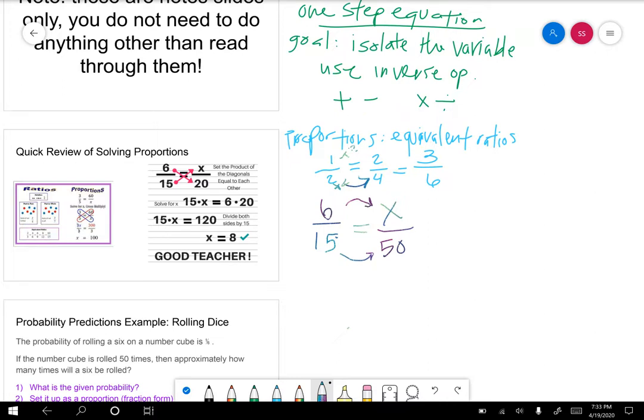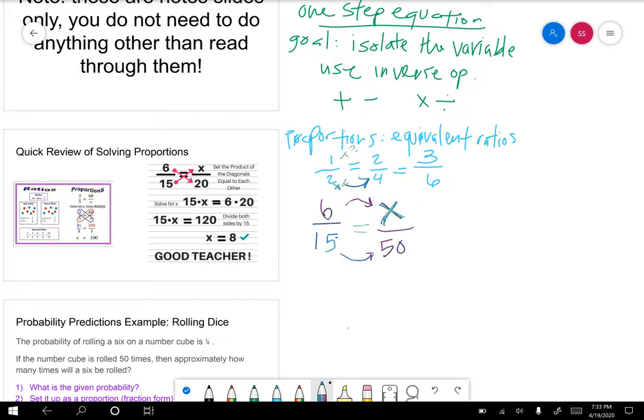The way that I'm going to explain this again is with one-step equations. There are multiple ways to solve proportions, but I like doing it this way the best just because it gets you in the habit of how to solve equations. So the one-step equation, again, we want to isolate the variable, which in this case is x. We want to get x by itself.